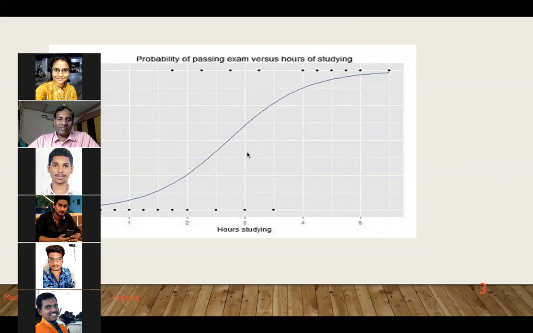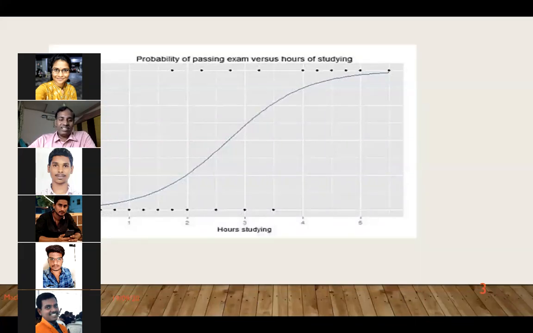Then the probability increases enormously. It's not linear, it's not going in the same line; it increases steeply after 2 and between 3. Then up to 4 it is still increasing, but after 4, whether you read 1 hour extra or not, it will only increase your grade, not your chance of passing the exam.